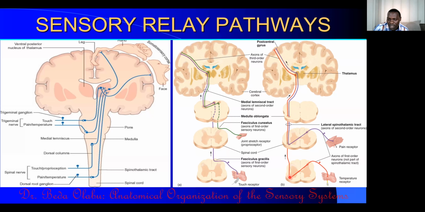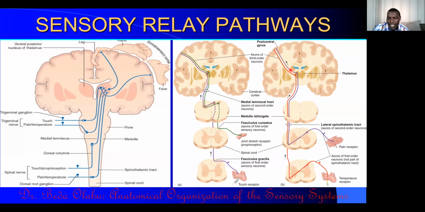After the decussation, it will now have crossed to the opposite side of the spinal cord. It will then ascend on the anterolateral aspect of the spinal cord, all the way to the thalamus. And that is what we called the spinothalamic tract. From the spinal cord to the thalamus. That's what we call the spinothalamic tract. It doesn't matter whether it's come from the lower limb or from the upper limb. The story is the same.